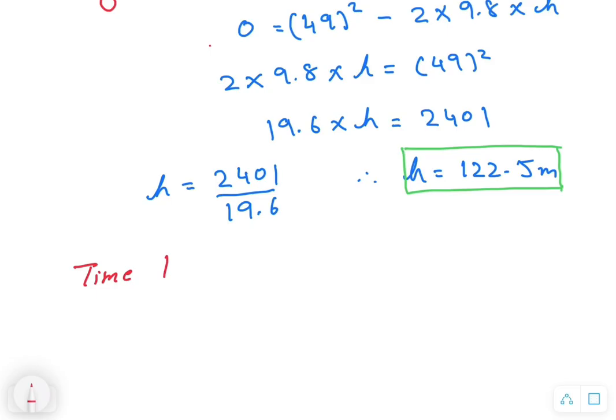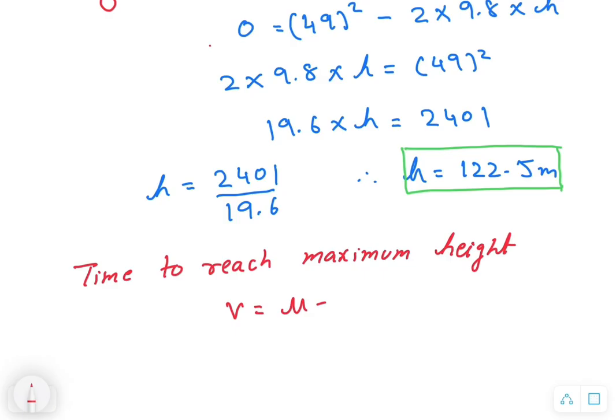Time to reach maximum height. For that we'll use this equation, v equal to u minus gt. At the highest point v is 0. So 0 equal to u, it is already given in the statement of the problem, u is 49 meters per second, minus 9.8 t.